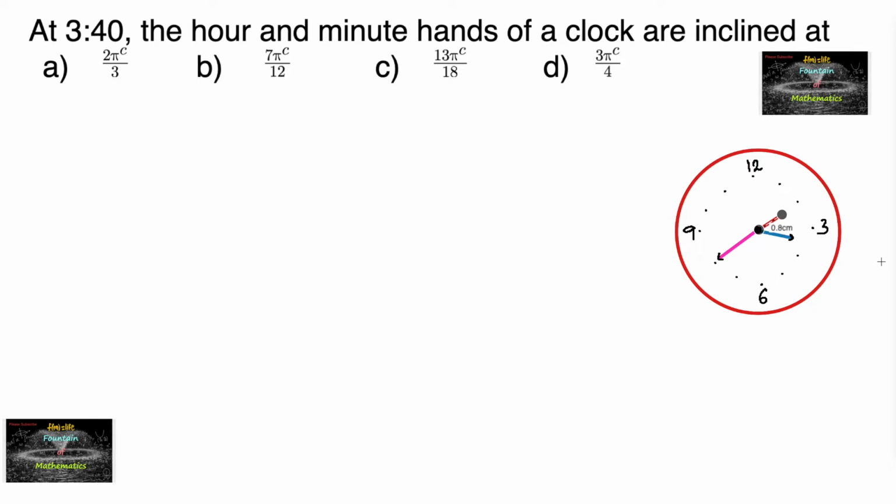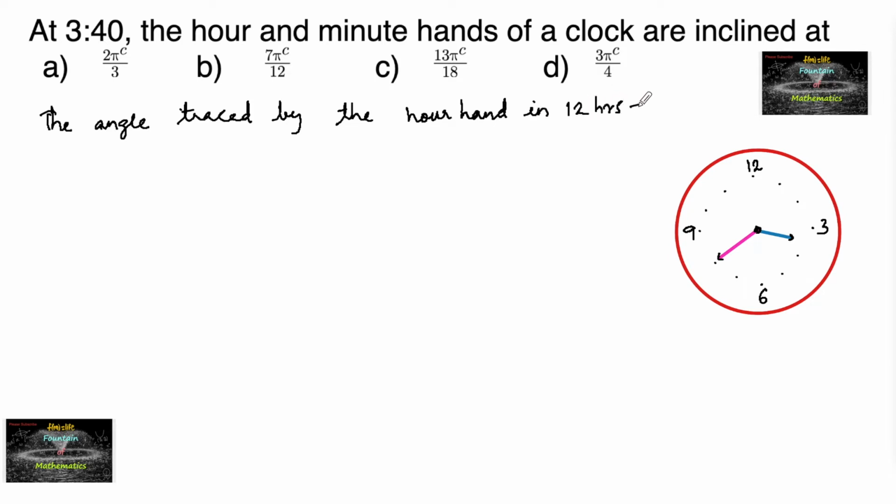So let us assume that the angle traced by the hour hand in 12 hours is equal to 360 degrees. That is, in 1 hour it is 360 by 12, that is 30 degrees.